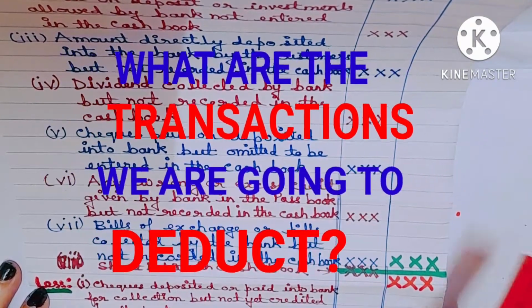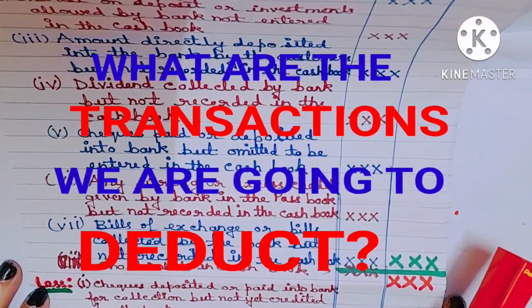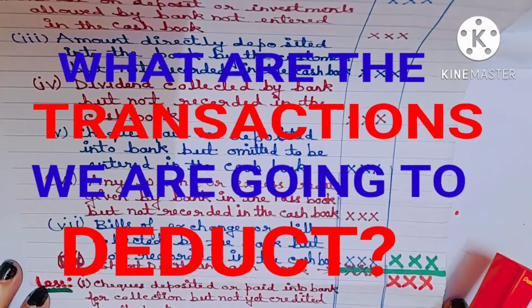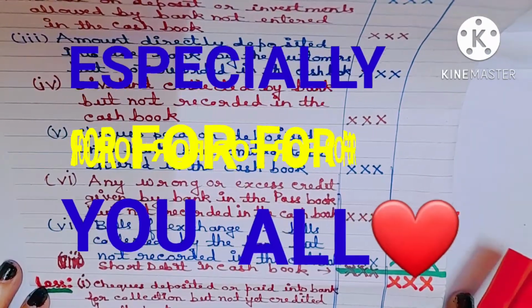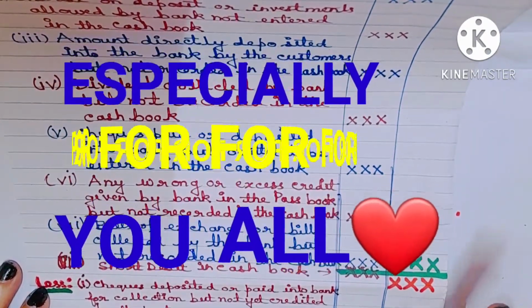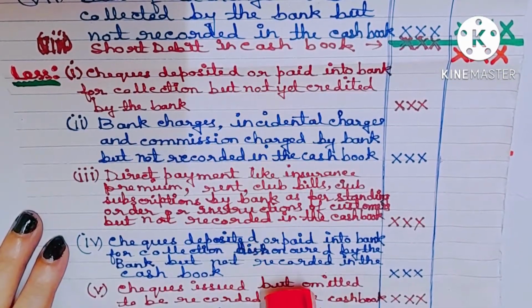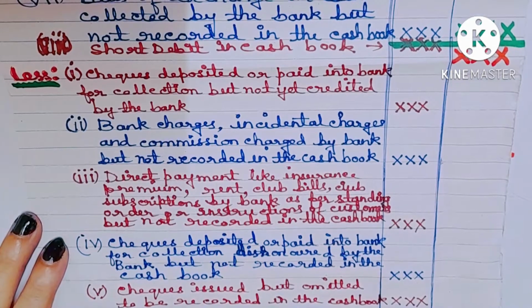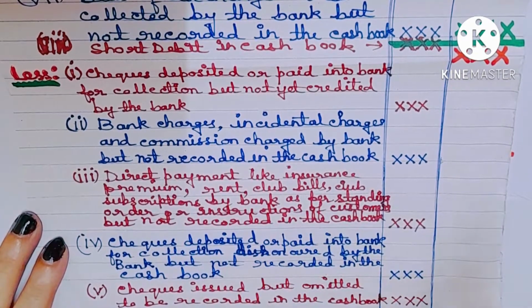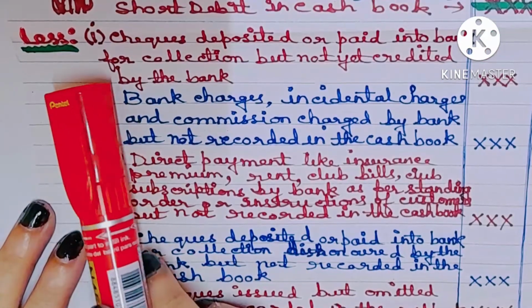Let's go through it. I have written almost all the transactions in this chart, and I have prepared this chart especially for you. Now these are the transactions we are going to deduct in case of bank balance as per cash book. Number 1.